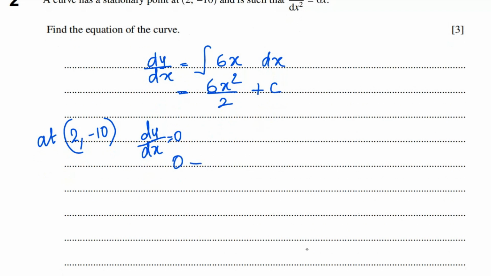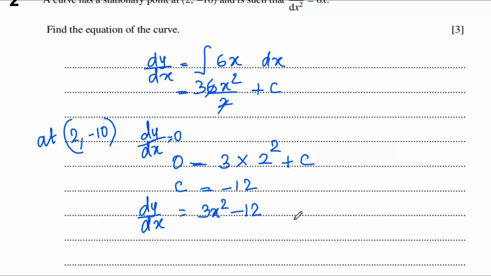So 0 is equal to, we can simplify this as 3 times, substitute the x value as 2 square plus c. So the c value is 3 times 4. When it goes to other side, it will become negative 12. So dy by dx is 3x square minus 12.